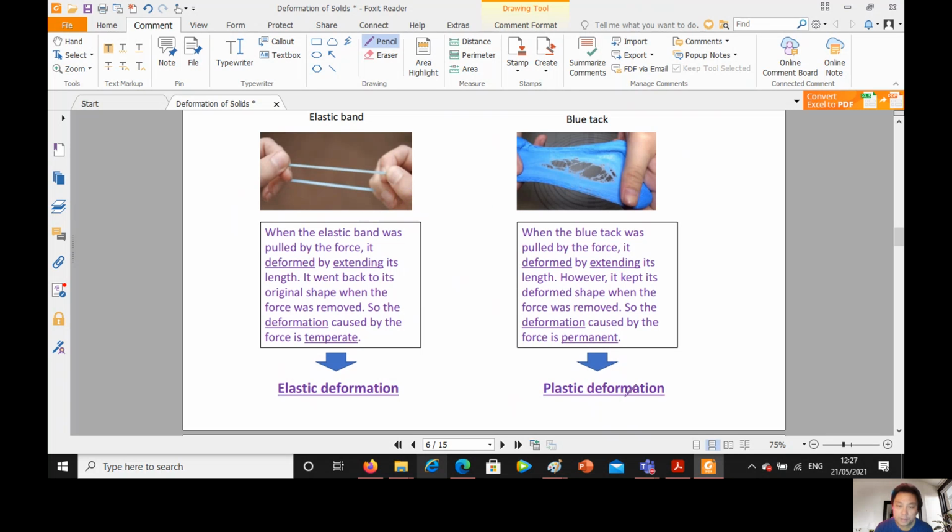The other type is called plastic deformation, like the one I demonstrated using the blue tack, because after removing the force, the deformation does not disappear, so the deformation is permanent. That's the difference between elastic and plastic deformation. I think it's pretty easy to understand.